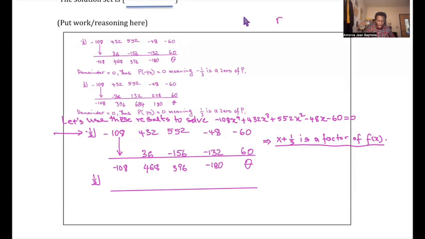Remember, according to the factor theorem, if P of r equals 0, if r is a 0, then x minus r is a factor of the polynomial.